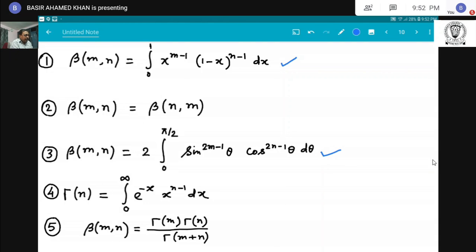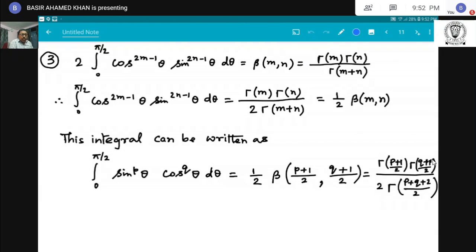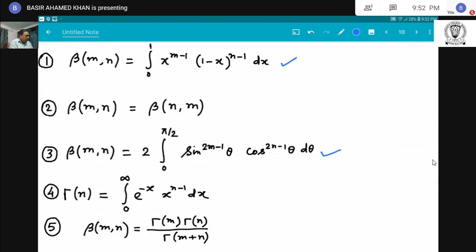Now, before going to the expression of integrals, I use this definition of beta function.